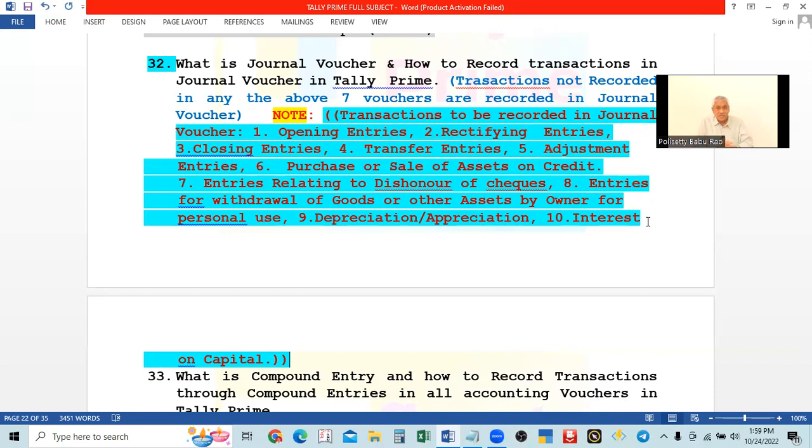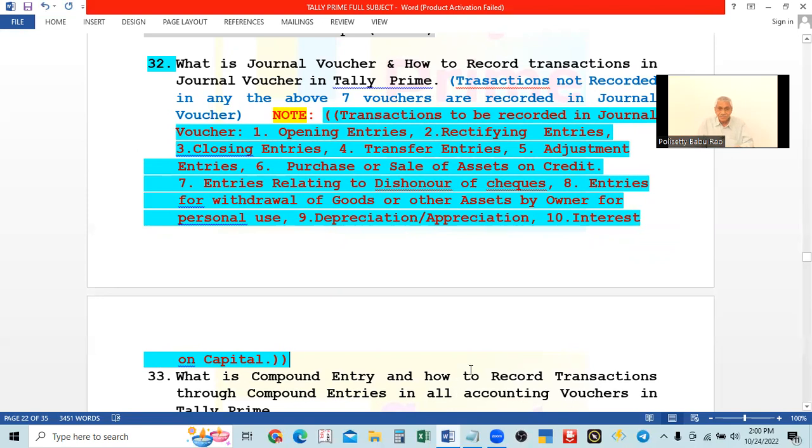Similarly, in the first three accounting vouchers, receipt voucher, payment voucher, and contra voucher, they also record in voucher mode, that means in the form of debit and credit. We already learned it; that is called double entry mode.